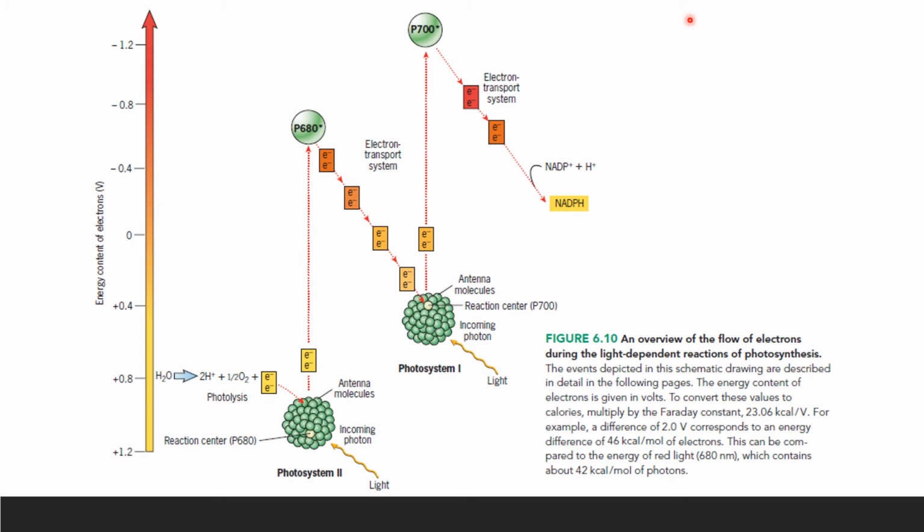After losing their electrons, the reaction center chlorophylls of PS2 and PS1 become positively charged pigments, referred to as P680+ and P700+ respectively. The electron acceptors in turn become negatively charged. In essence, this separation of charge within the photosystems is the light reaction, which is the conversion of light energy into chemical energy.